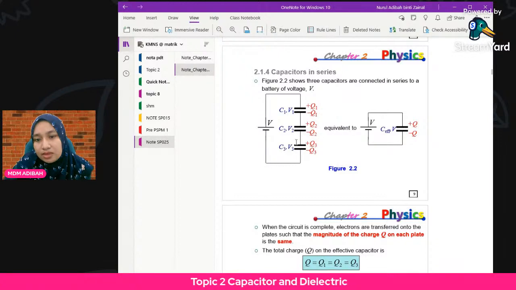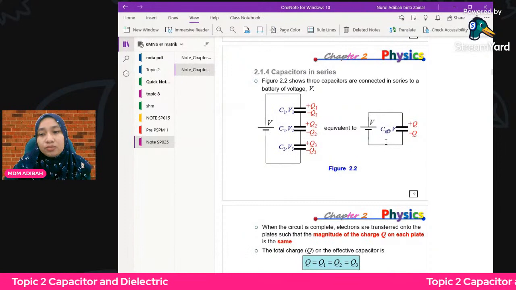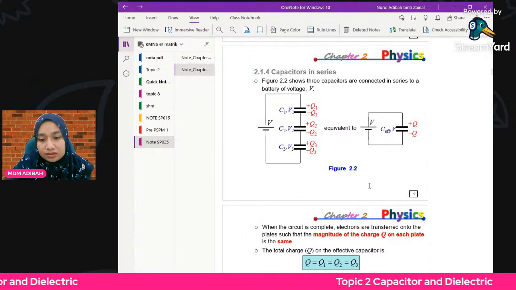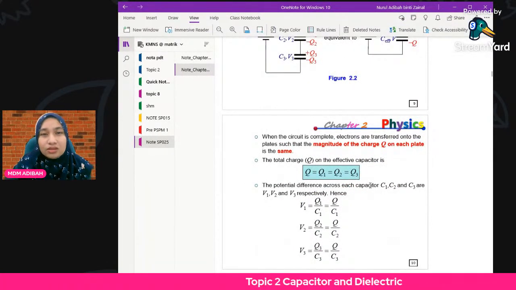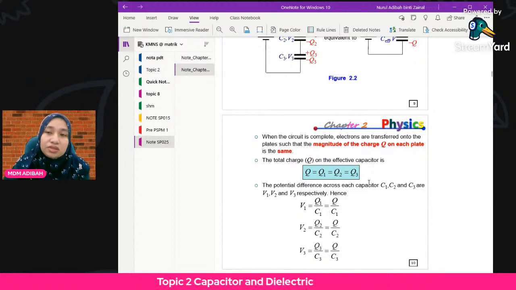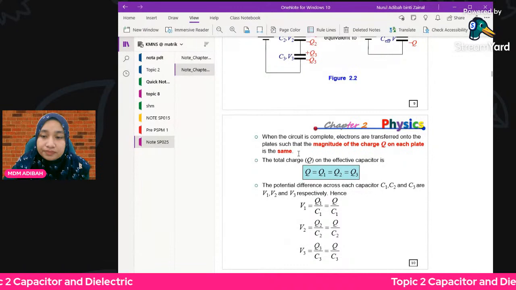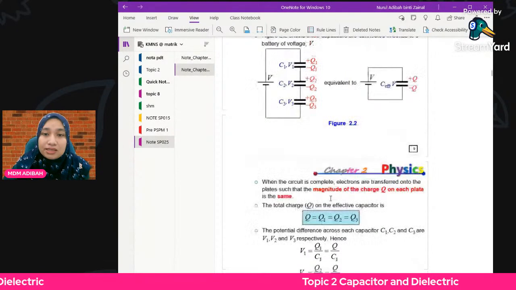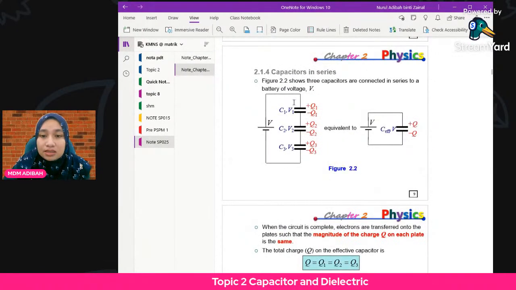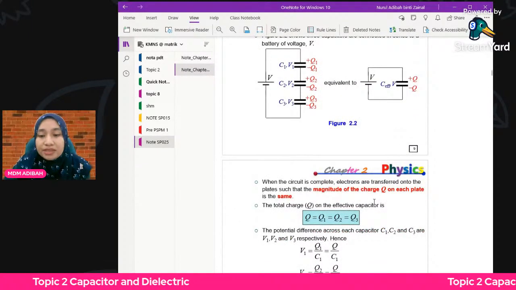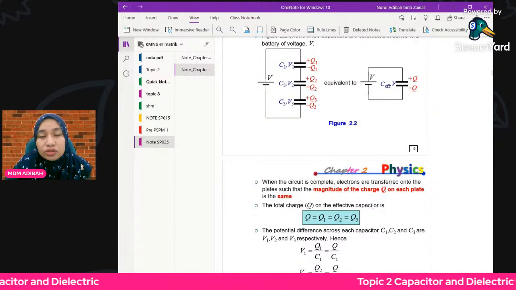Kalau kita tambahkan semua ini, kita akan dapat C effective ataupun C equivalent ataupun C total. For my class usually cikgu cakap C effective ataupun C total. Kiranya hasil tambah ketiga-tiga total capacitance dalam circuit ini, tetapi cara nak tambahnya ikut jenis.